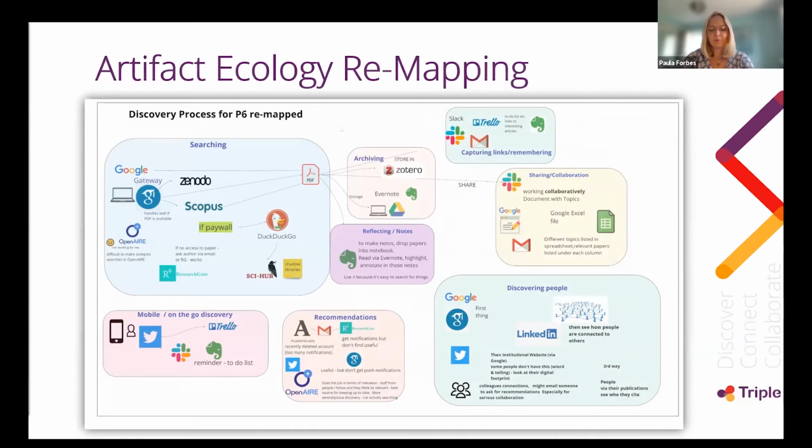So they had slightly different methods for finding other researchers than they did for papers. The pink box on the left-hand side showed what people would do on a different device, such as a mobile phone or a tablet, and journeys made, maybe on their way to work, where they might do some discovery then. And the other ones looked at archiving, sharing and collaboration, and recommendations as well.